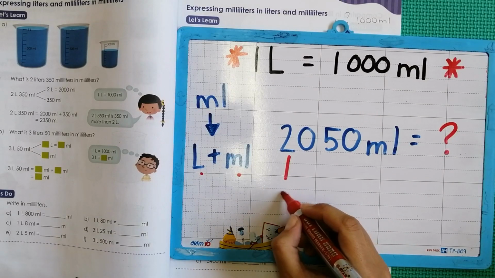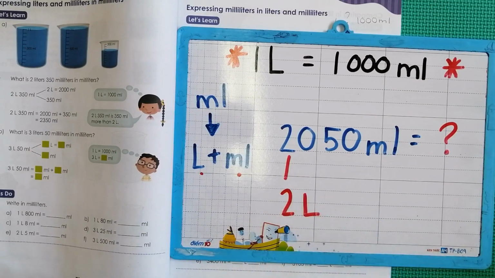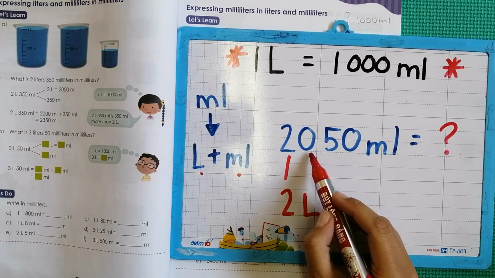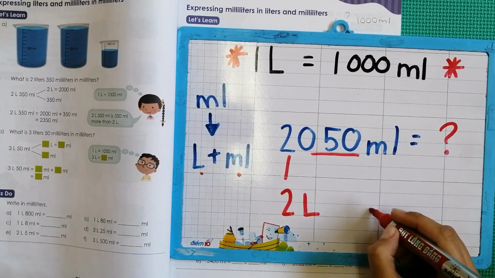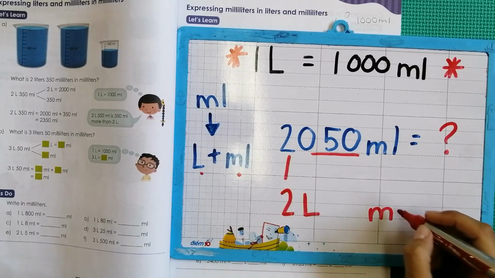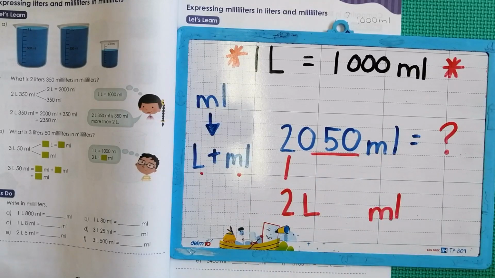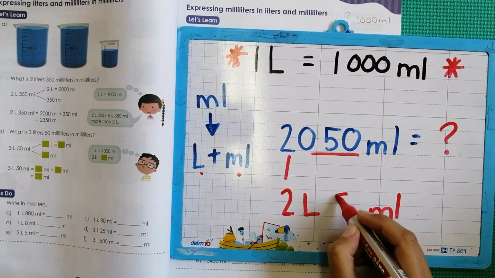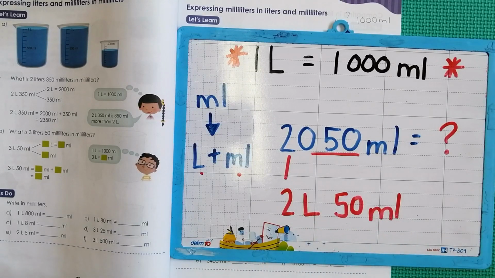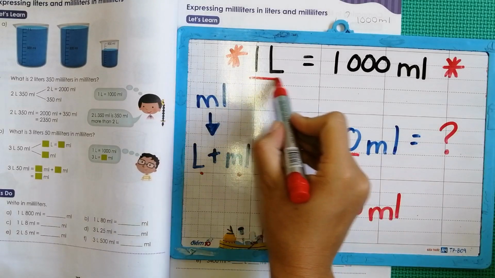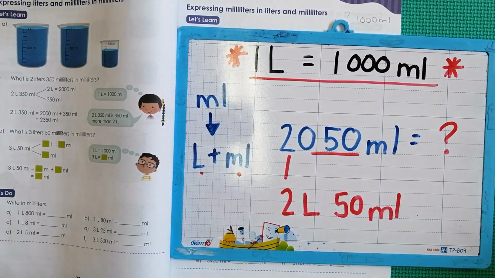There are 2 liters. To find out the milliliters, we look at the rest of the milliliters that are left, and that is 50. I hope this is very easy for you. It should be, as long as you remember the key.